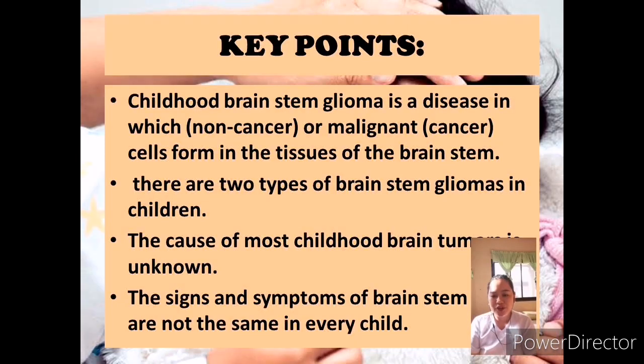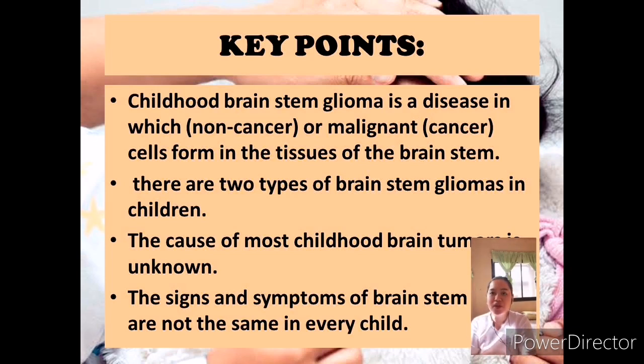I will just reiterate what glioma is, or the key points that we will be tackling in this topic. Childhood brain stem glioma is a disease in which non-cancer or malignant cancer cells form in tissues of the brain stem. So this glioma can be a tumor that is benign or malignant.